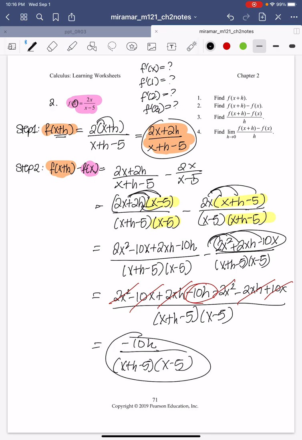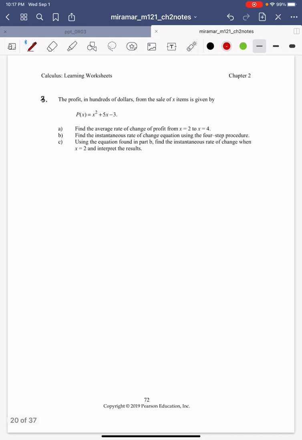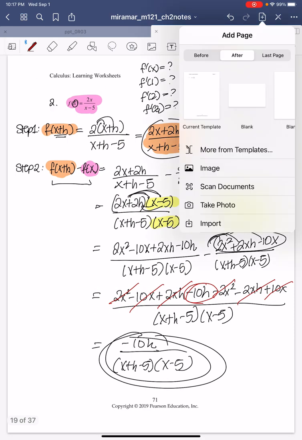And that will be the answer to f of x plus h minus f of x, which is this one over here. So step 3 is whatever I have here, I'm going to divide it by h. So let me add another page.